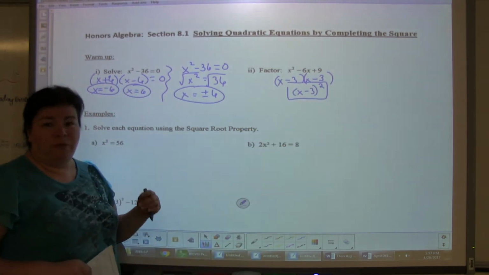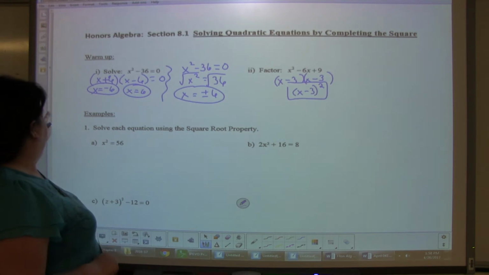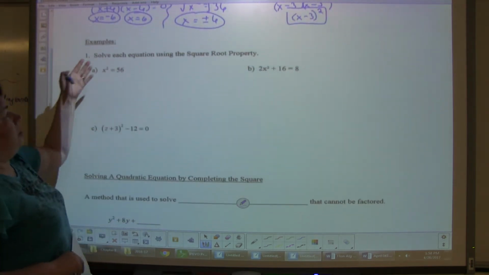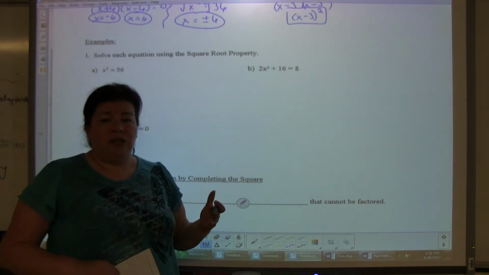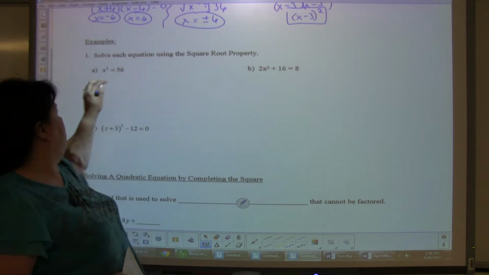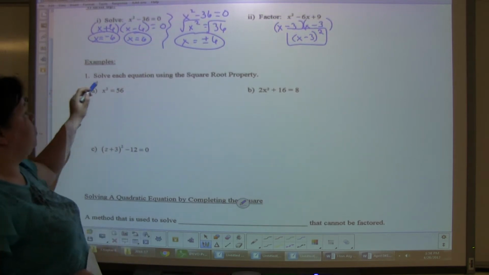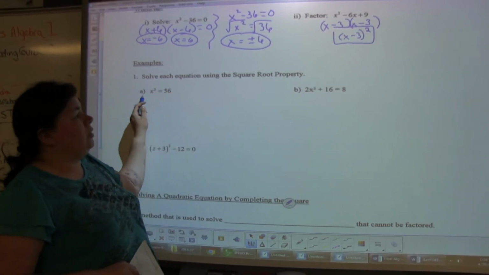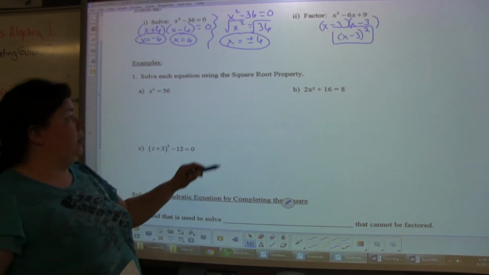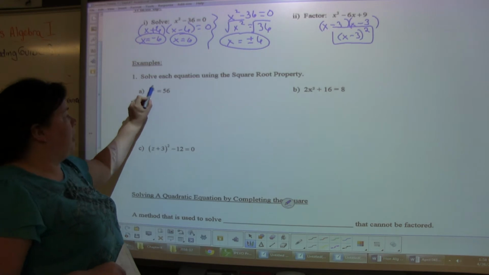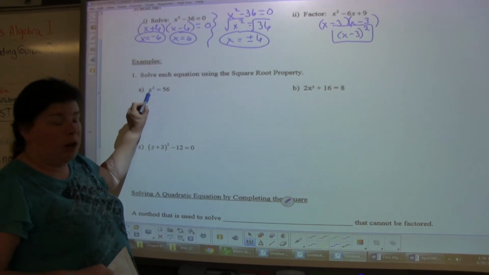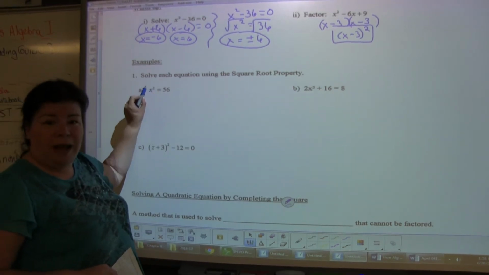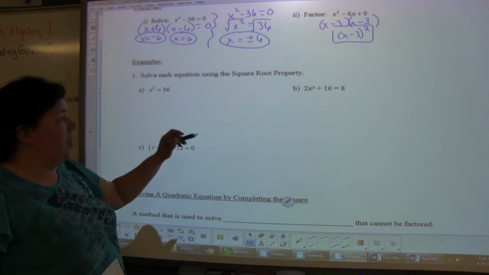So these are warm-ups for what we're going to actually do today. And today we're going to show you how to solve using the square root method along with completing the square. So just like we showed you in warm-up 1, I can use the square root property method because my leading coefficient is 1, and this is in the form x squared equals some constant.